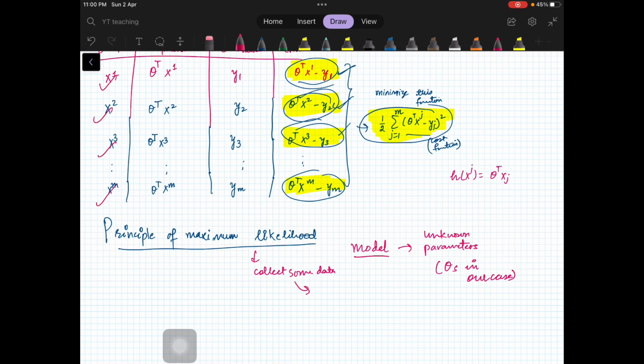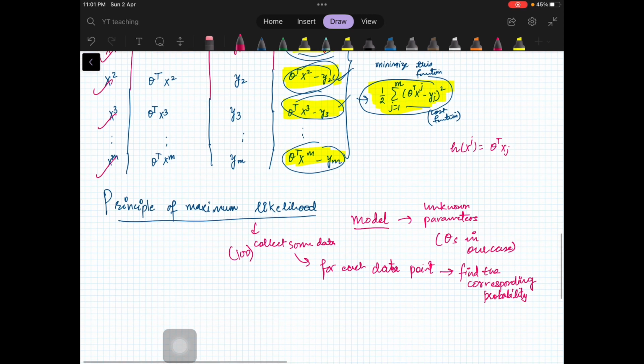And then, suppose you collect 100 samples, for each data point you find the corresponding probability. So for example, if you have 100 data points, you will have 100 probability values.